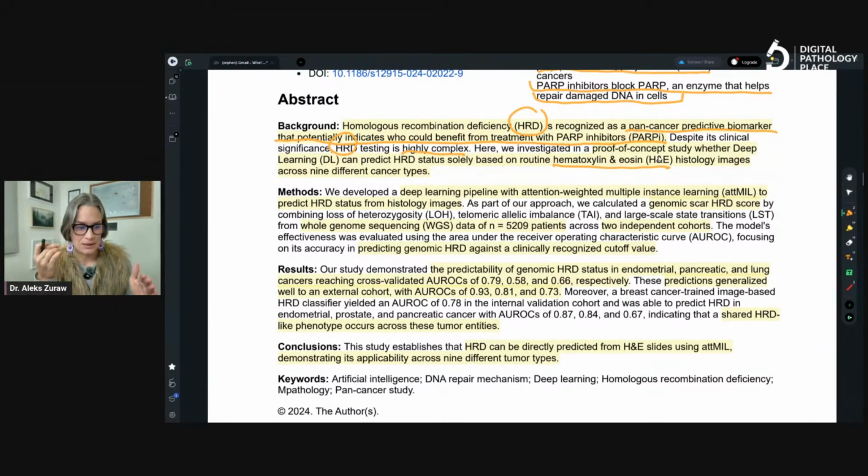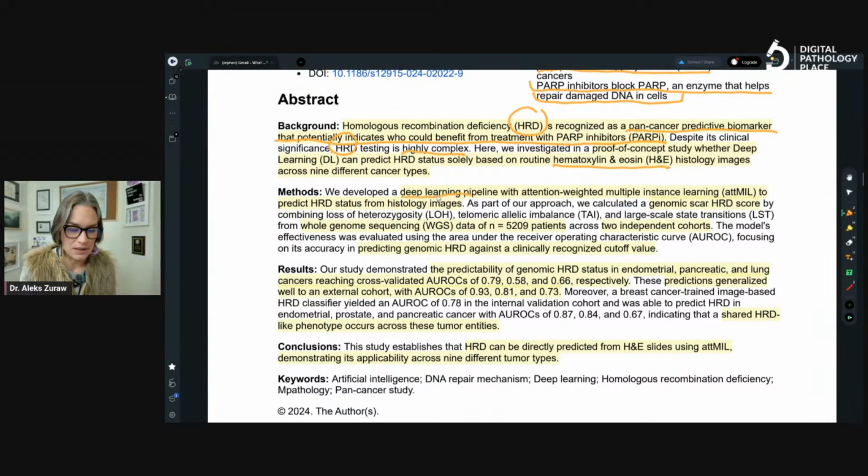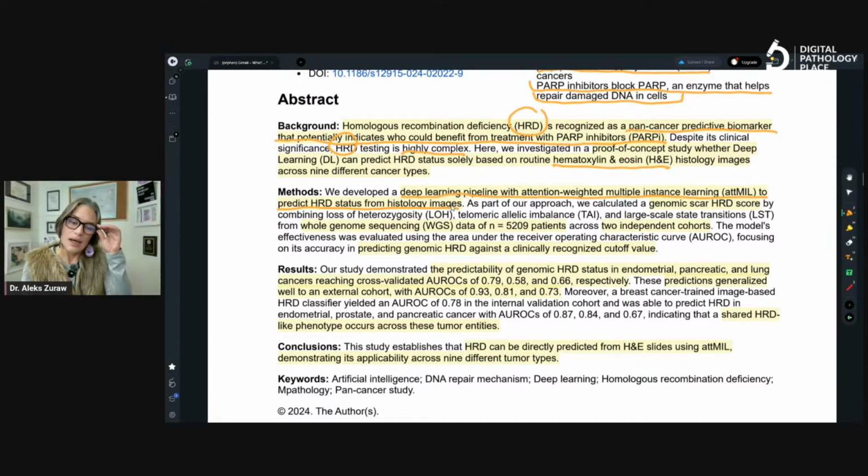Maybe instead of next-gen sequencing, you can do a cheaper, faster test, maybe a rapid PCR or something. I don't know the exact implications, but what they did, they developed a deep learning pipeline with attention-weighted multiple instance learning to predict HRD status from histology images.